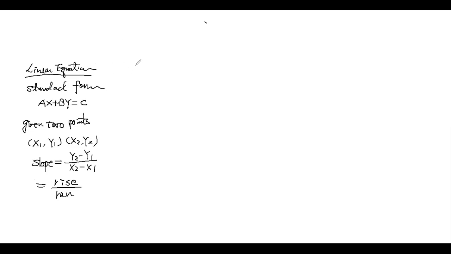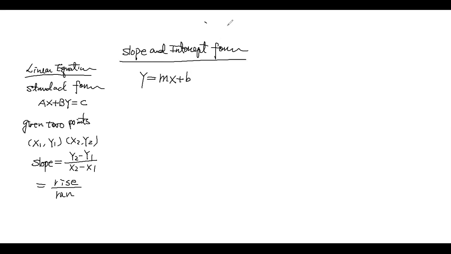Today we're going to talk about 2 other forms. The first one we call the slope and intercept form. In fact, sometimes we call this the golden form for the linear equation because it's one of the most useful forms. What we write here is y is equal to mx plus b.